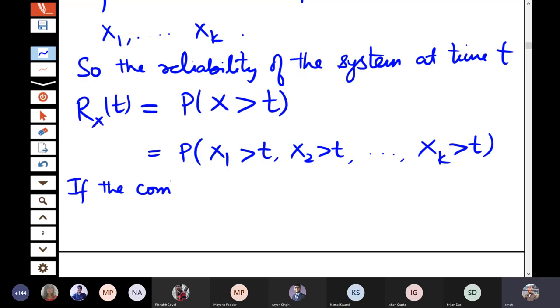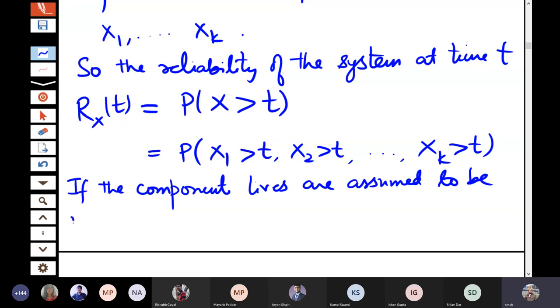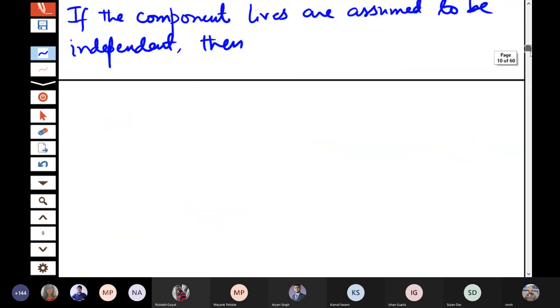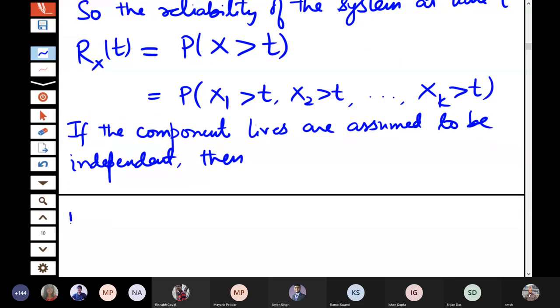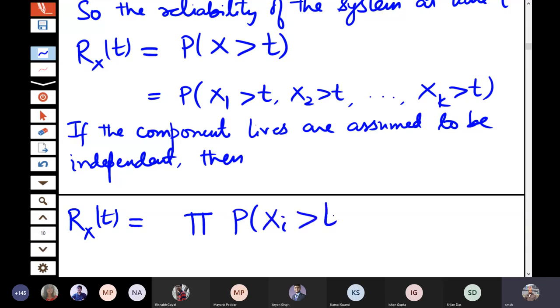So if the component lives are assumed to be independent, then Rx(t) becomes the product of the probabilities xi greater than t.